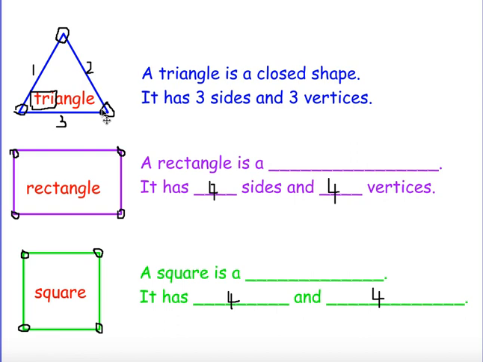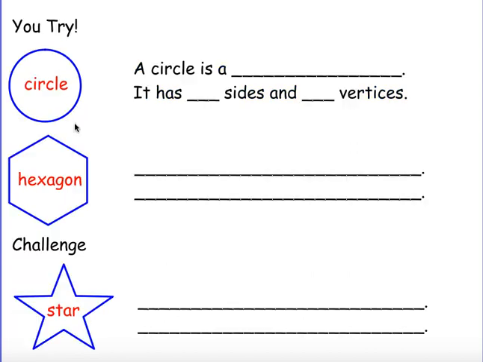That's probably why the shape is named after it. Okay, and when we talk about hexagon, hex usually refers to 6. So there are a lot of ways that we can figure out shapes just by talking about the words.